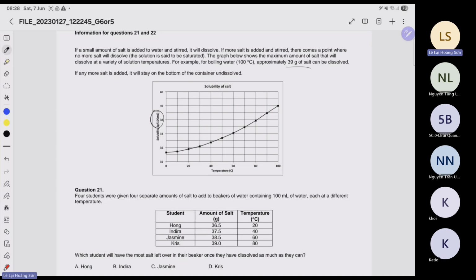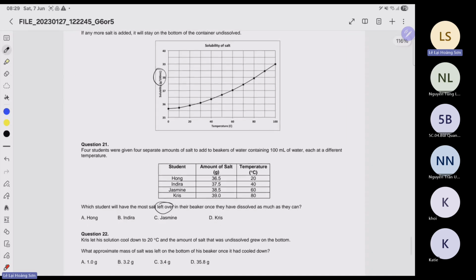Small salt added to water dissolved, more salt added, stir, no more salt dissolved. The graph shows the maximum amount of salt that will dissolve at a variety of solution temperatures. If more salt is added, it will stay in the bottom of the container undissolved. For students given four separate amounts of salt, and you have 100 milliliter water, which will have the most salt left over.